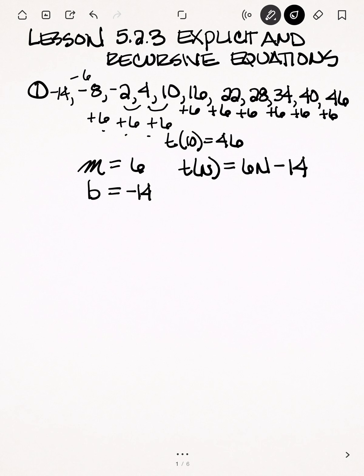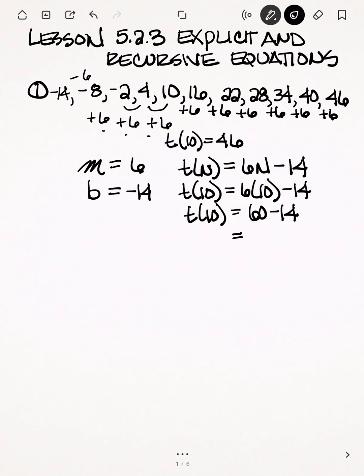So if we have this equation, and I want to know what the 10th term is, all I have to do is substitute 10 in for my n. And I'd say 6 times 10 minus 14. So t of 10 is going to be 60 minus 14, which is going to be 46.